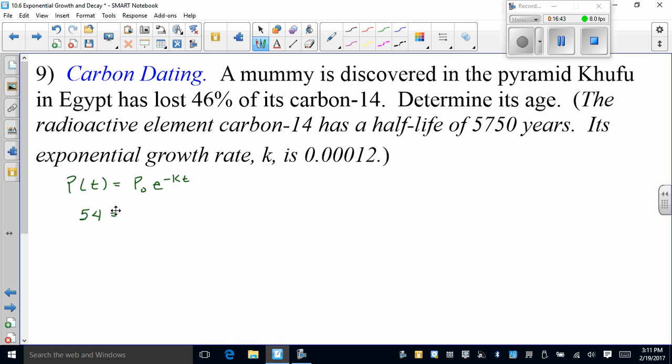So it's just e to the negative 0.00012 t power. Change it to logarithms. The natural log of 0.54 equals negative 0.00012 t, divided by negative 0.00012.